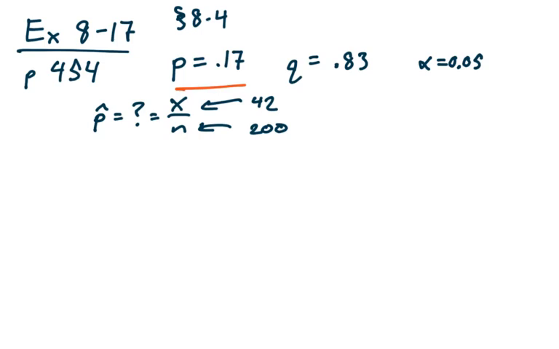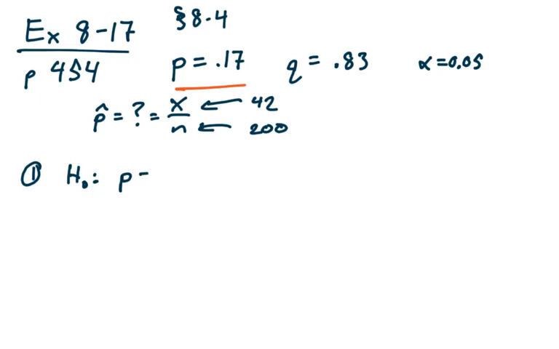So let's go back through, just so we remember all of the steps, these 5 steps of hypothesis testing. Step 1 is we'll state the hypotheses. The null hypothesis, H subscript 0, is as follows.